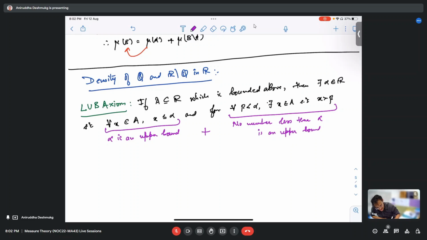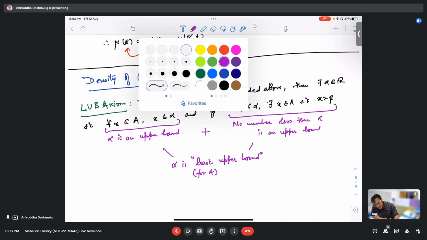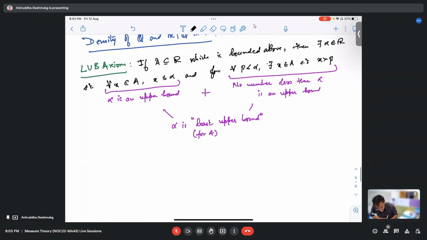And these together tell us that alpha is the least upper bound for the set A. And this alpha we usually denote by supremum of A. So you must have seen this.